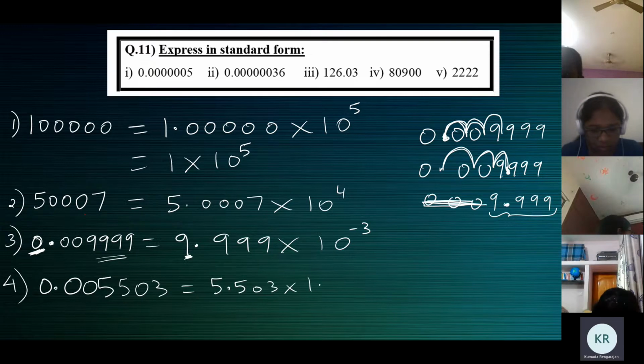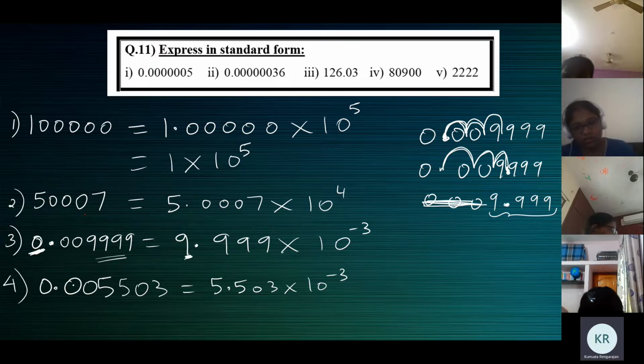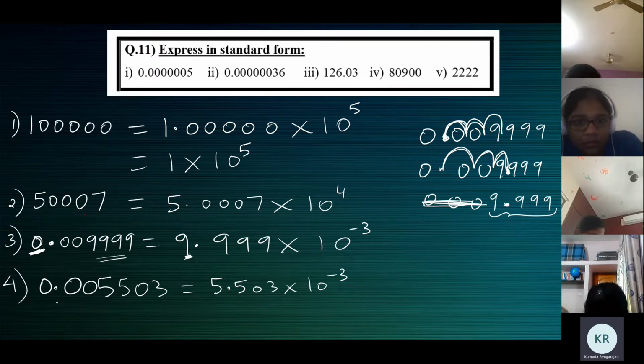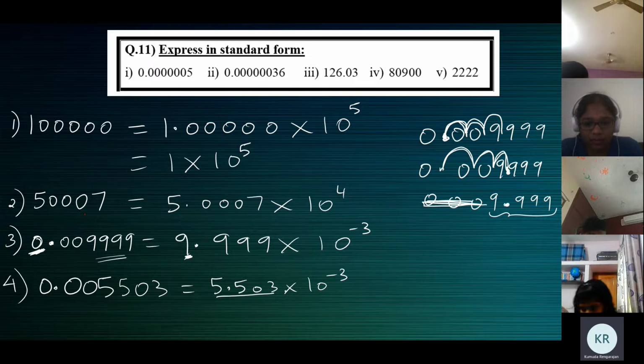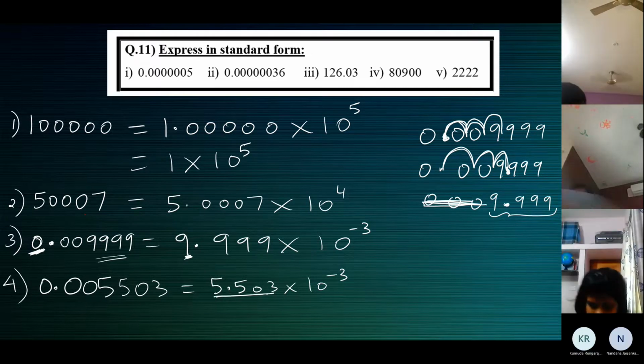Correct. Very good. 5.503 into 10 to the power minus 3, because the number is 0 point something and we've made it 5.5. We've increased so negative power and we have to shift the decimal point by 3 places. And see the value of k, 5.503. It's more than 1, less than 10.